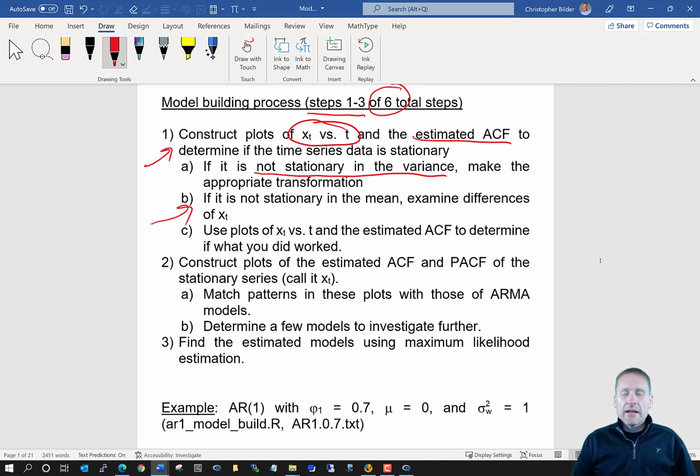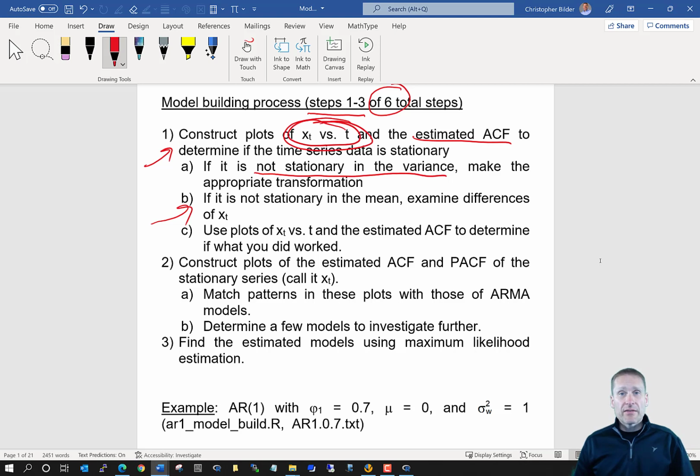Also, we check for, is there non-stationarity in the mean? And again, how do we do that? Well, we look at a plot of x of t versus t, and we look to see for a certain segment of time, does it look like perhaps the true mean is different for a large segment of time versus another large segment of time?